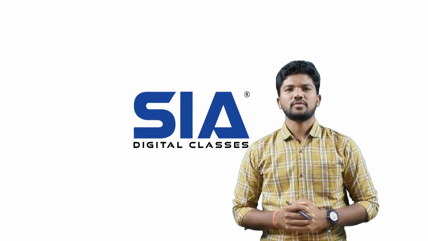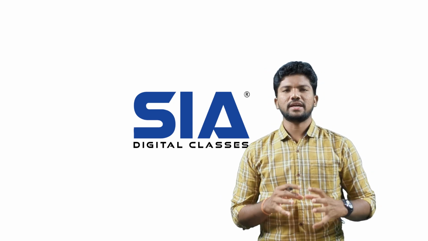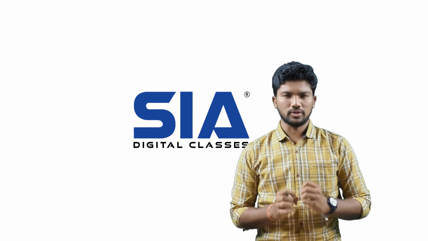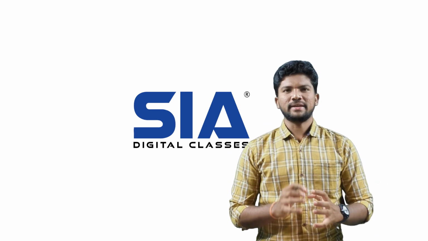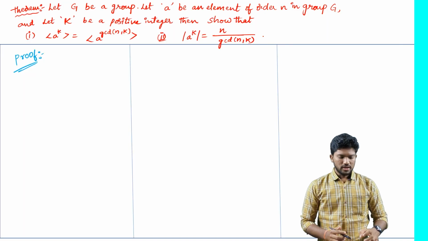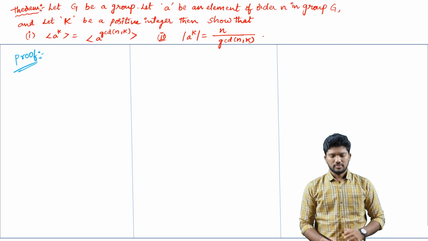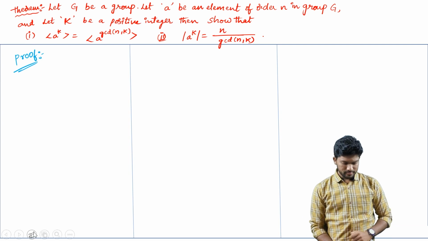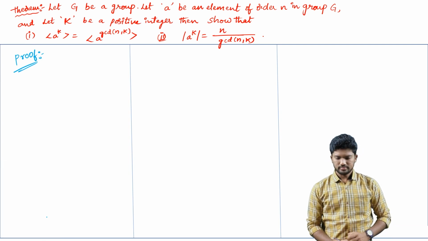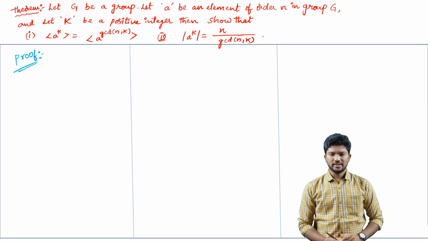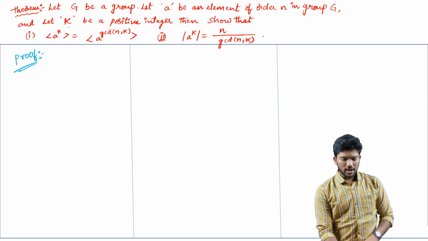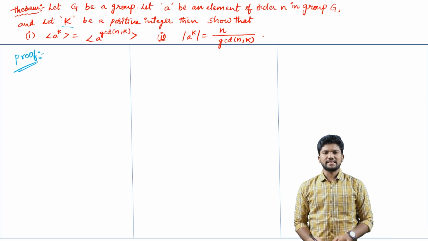In this lecture, we are going to discuss one of the important theorems from cyclic groups. So let's see the statement of the theorem first of all. Let G be a group and let a be an element of order n and k be a positive integer.